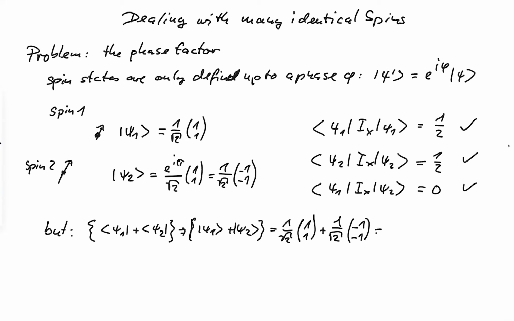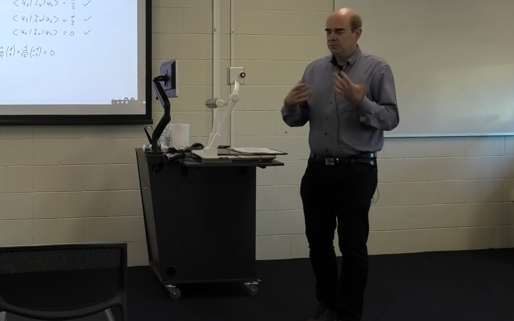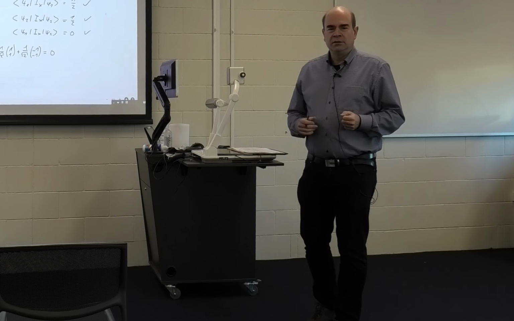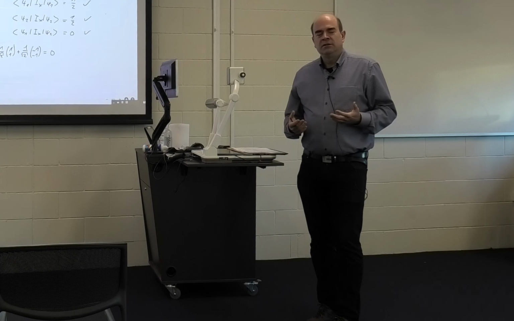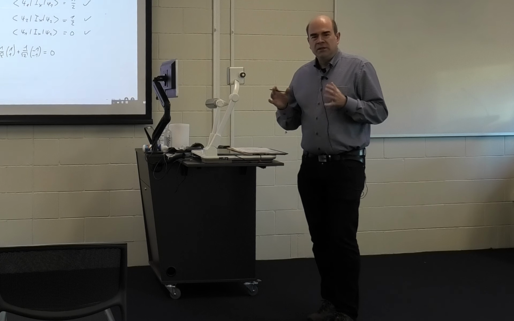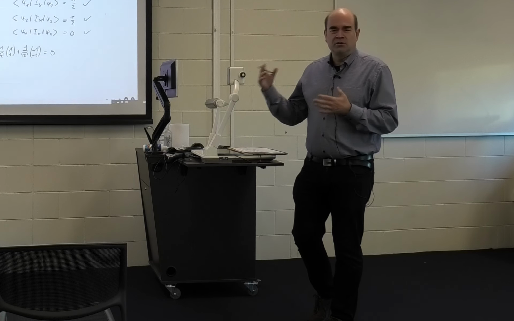And that results in 0. So when we add up the two wave functions, we do not have anything anymore to describe. This is a problem. And if we have 10 to the 20 spins, for sure we have random phases. We will end up with nothing in the end. So we have to find a formalism that describes these many spins without the phase factor playing this destructive role.